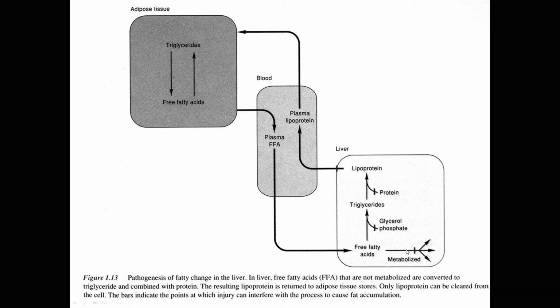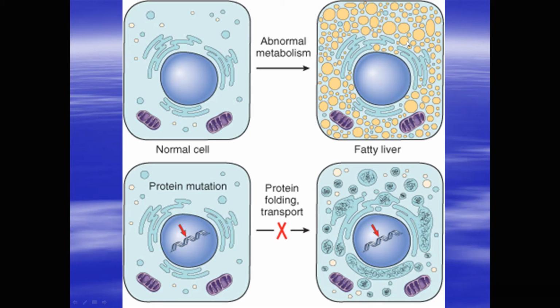If either the metabolism or the production of lipoproteins is blocked, the fats will accumulate in the liver to produce this aspect, fatty liver or hepatosteatosis.